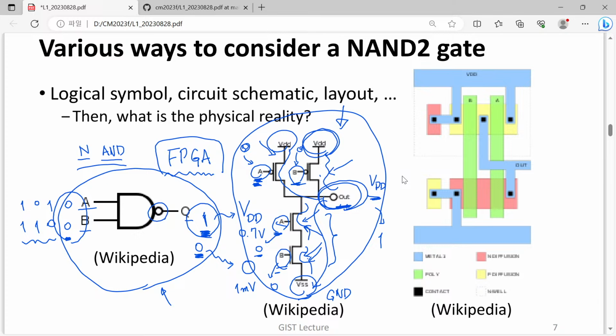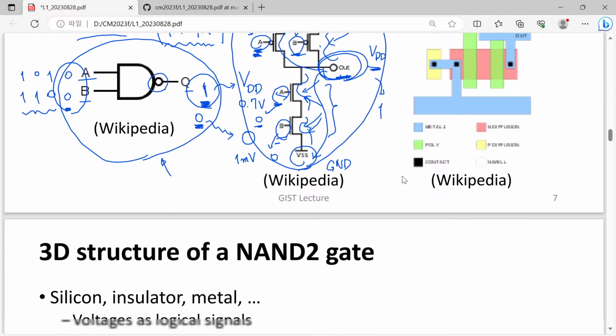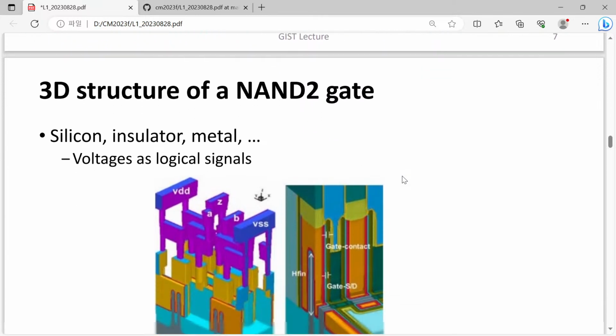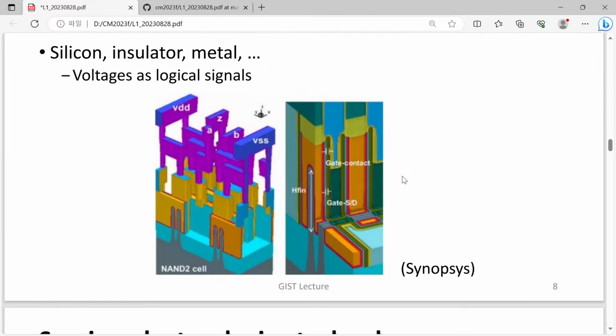But in my opinion, in this course, we are not looking at our devices or our object in research in this way. The way we are looking at our two input NAND gate is like this. This is, in my opinion, the physical reality of our two input NAND, at least in this course.